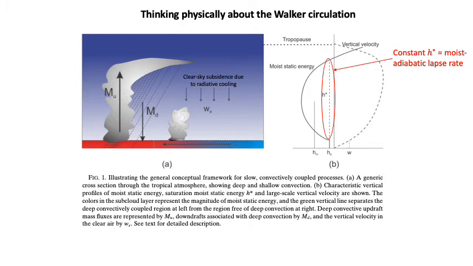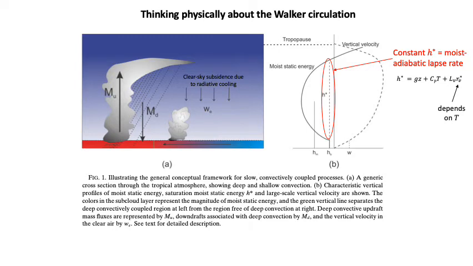I've already highlighted here in red this dashed line, which corresponds to the saturation moist static energy. And you'll notice this is a straight line up and down. So it's constant saturation moist static energy, which just implies basically a moist adiabatic lapse rate in the free troposphere.